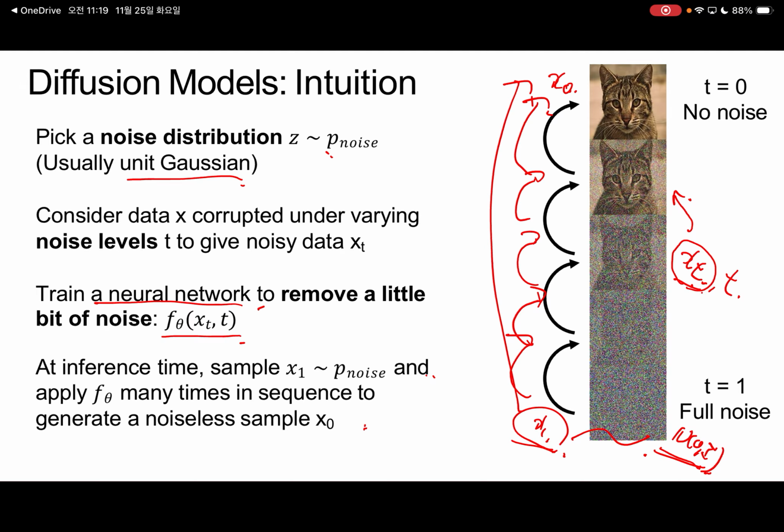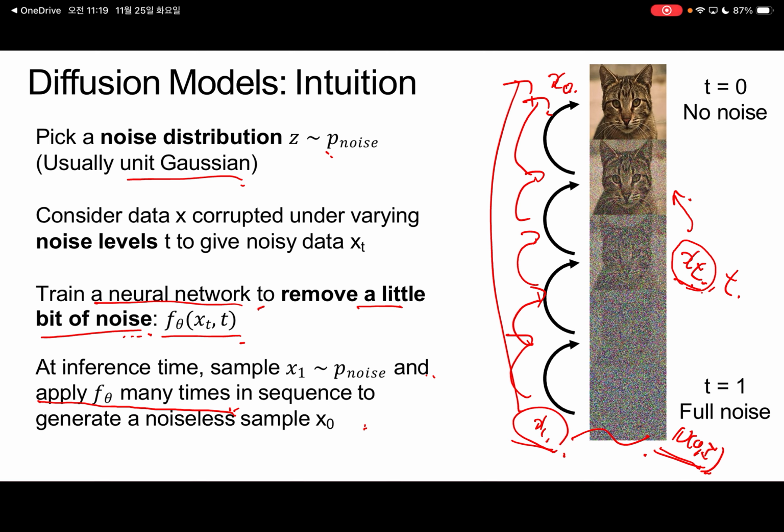The major difference is that we apply f theta many times. With VAE and GAN, we use the decoder or generator only once, right? There's no iterative generation, no iterative decoding. But in diffusion, the neural network is trained to remove a little bit of noise, not the entire noise. And then at inference time, we apply f theta many times instead of only once.